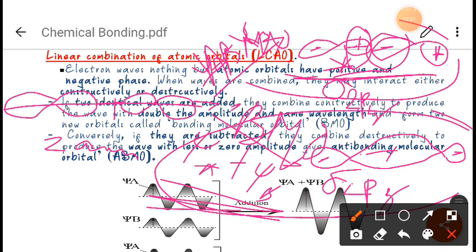Because these molecular orbitals are symmetrical about the internuclear axis. And when we talk about the energy, the energy of sigma 2pz will be less than the combining 2pz atomic orbitals, while the energy of sigma star 2pz is higher than the combining orbitals.